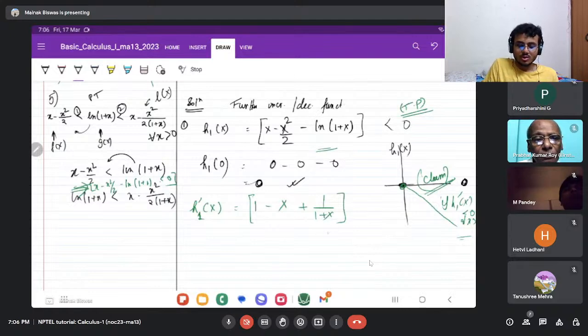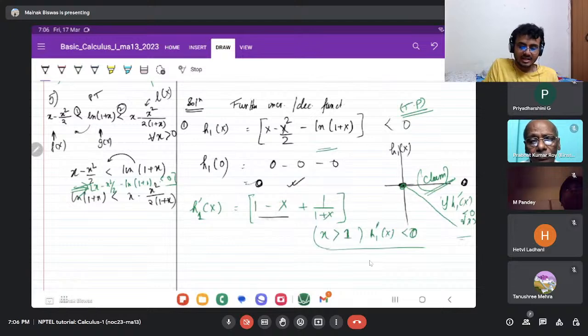So for x greater than 1, it is less than 0, we agree?